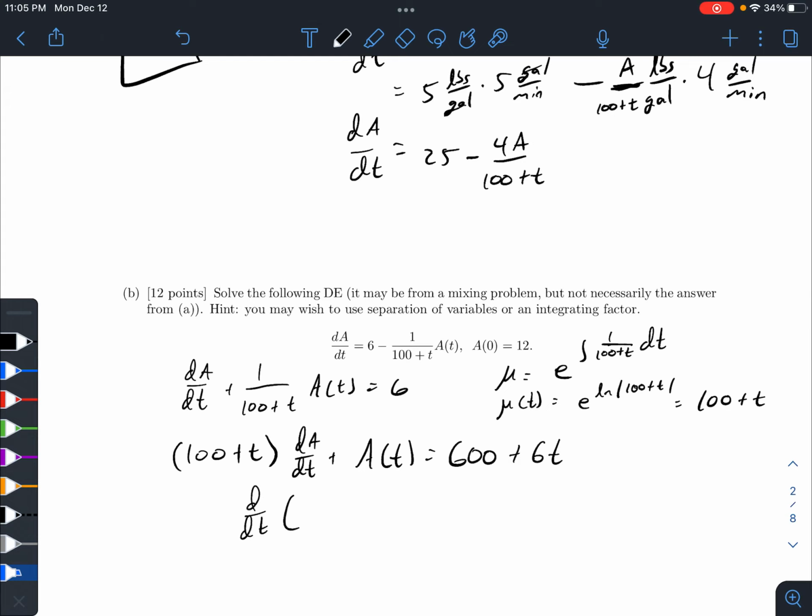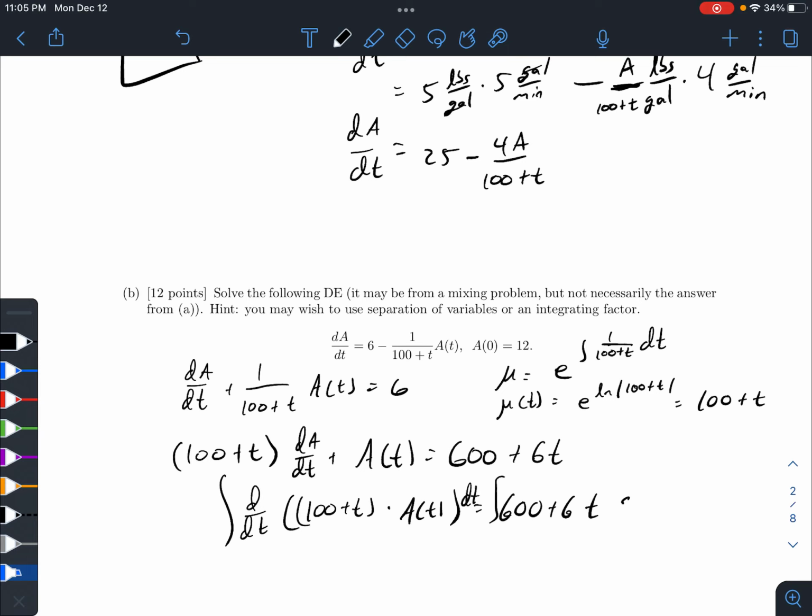Left-hand side should be equal to d/dt of 100 plus t times A of t. And we should always check that. So if I do the derivative of this, the derivative of 100 plus t is just 1. The derivative of A of t is literally just dA/dt. So by the product rule, I should get dA/dt times this plus 1 times this, which we do.